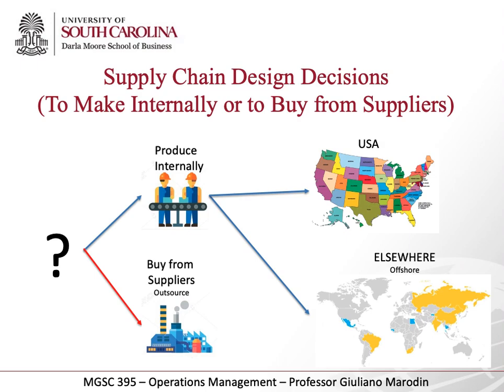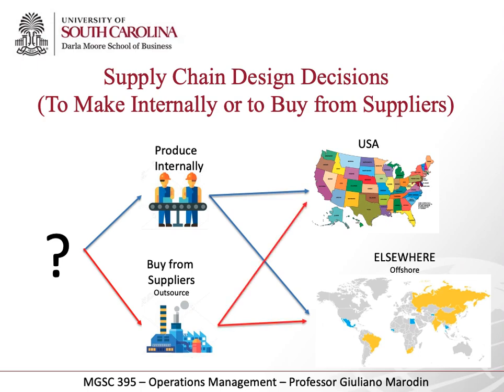Instead, they might say, let's not go into the tire business because we don't want anything to do with rubber extraction and all that dirty stuff. So let's buy from Continental, let's buy from Michelin, or whoever it is, and let's buy from suppliers. That's called outsourcing.